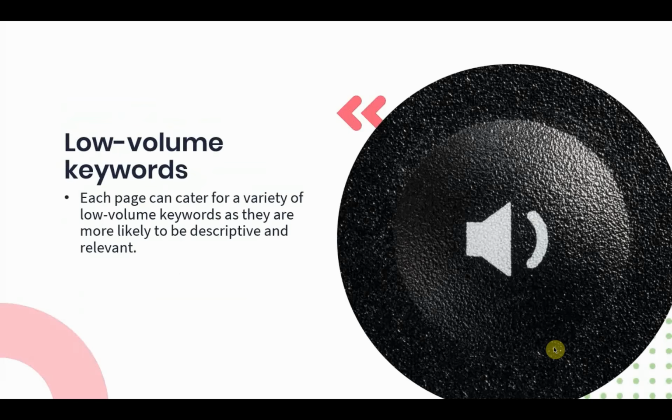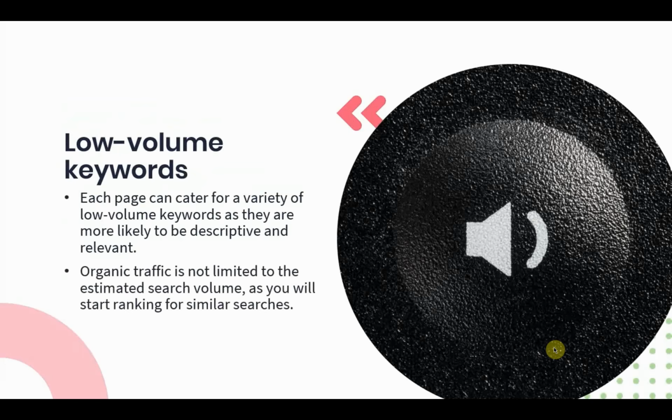At the same time, organic traffic isn't limited to the estimated search volume of that keyword, because it will also start ranking for similar searches. It's not that a keyword will only rank if it exactly matches the search query. We have that for paid advertising keywords, called exact match, which limits what an ad will appear for.